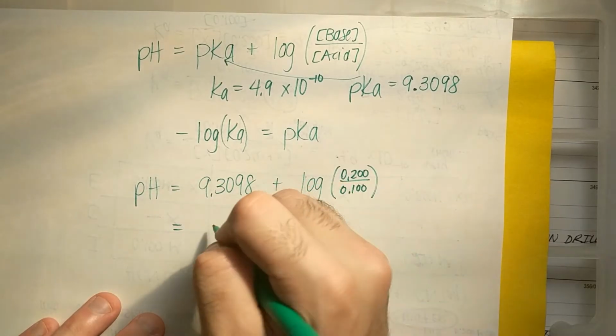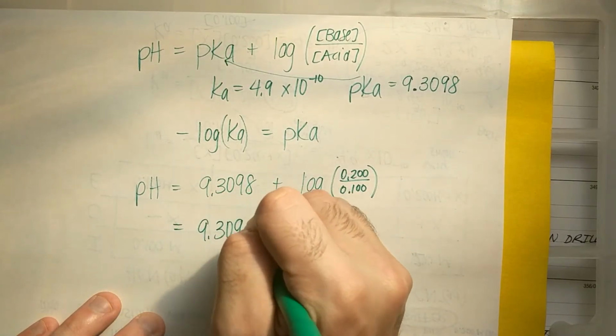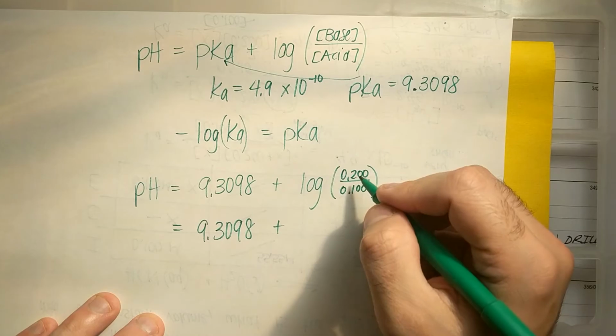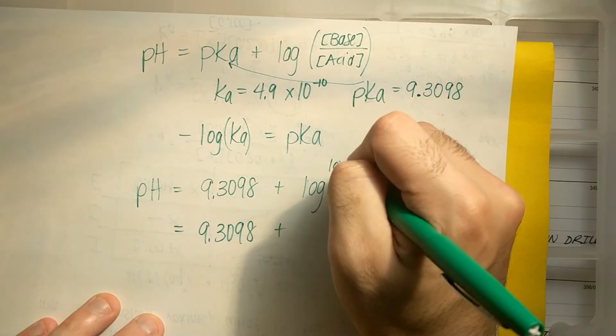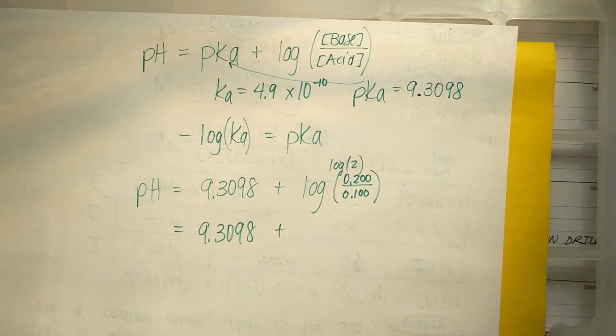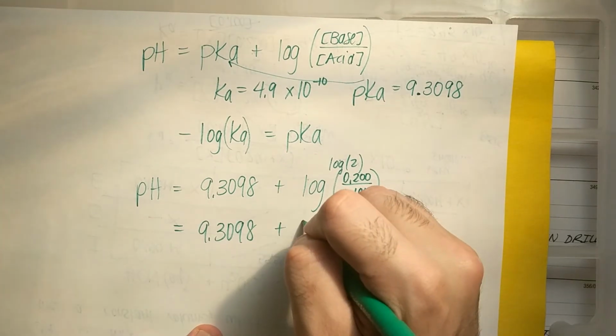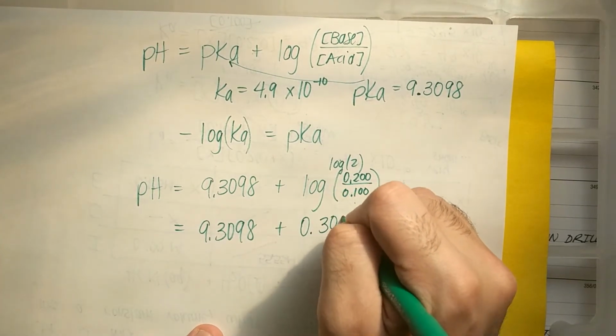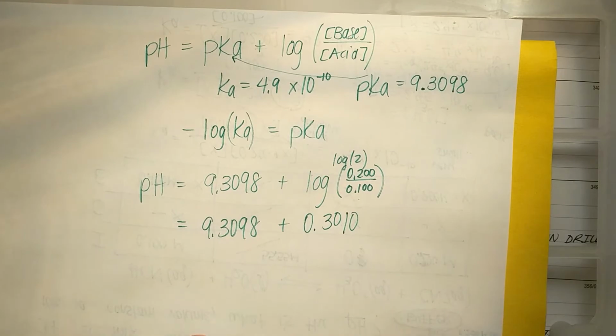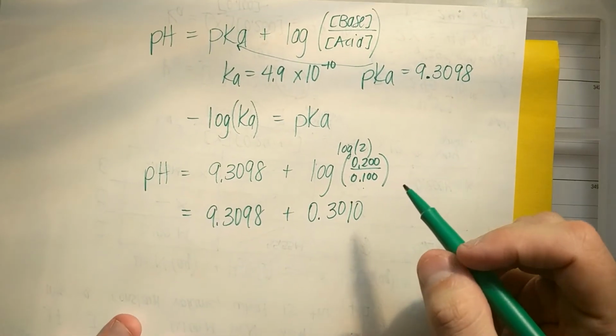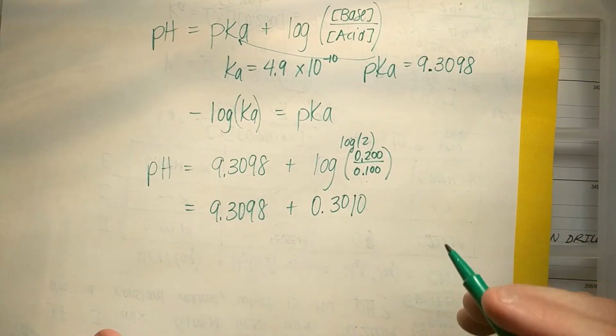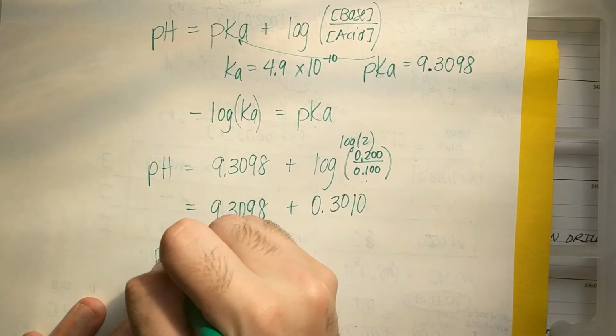So now I'm just going to do 9.3098 plus the log of 2, right? 0.2 over 0.1 is 2. The log of 2 is 0.3010.